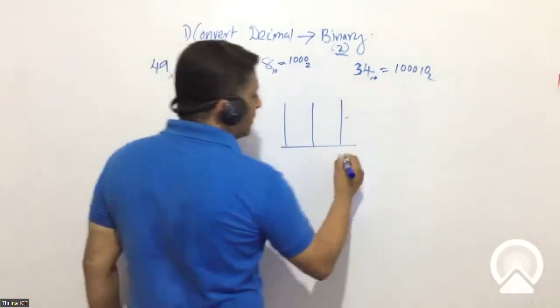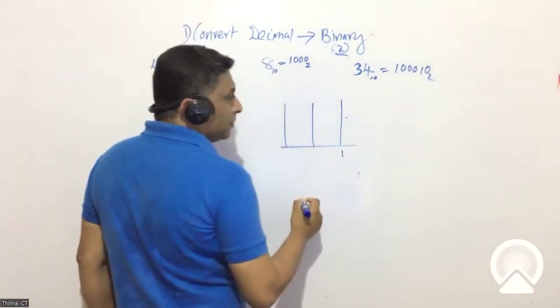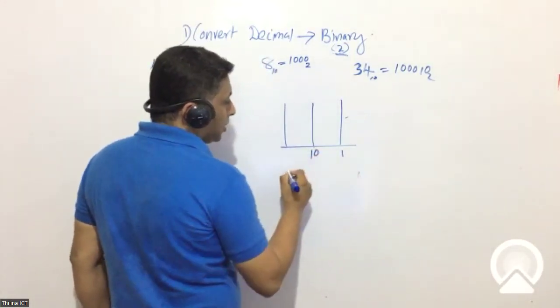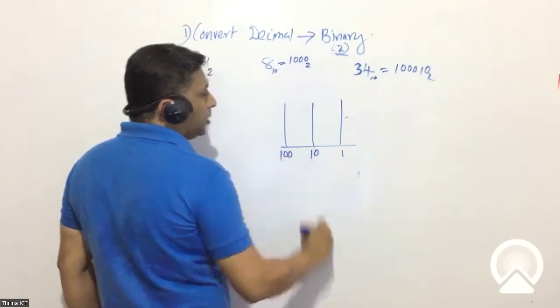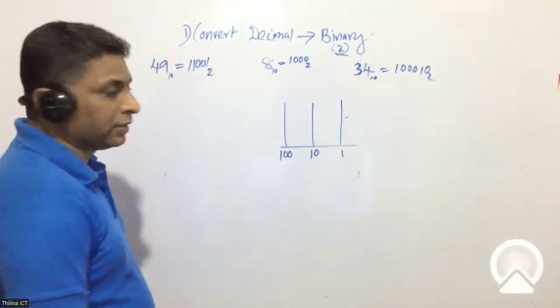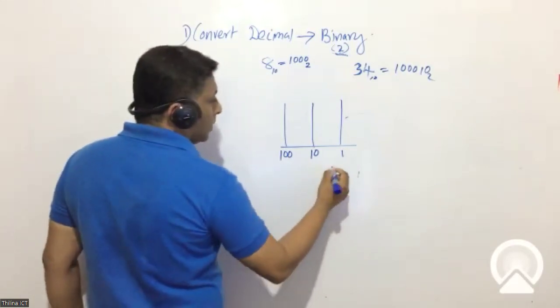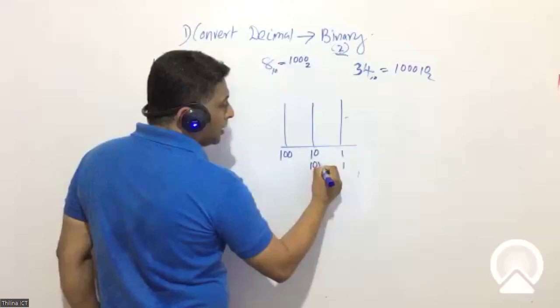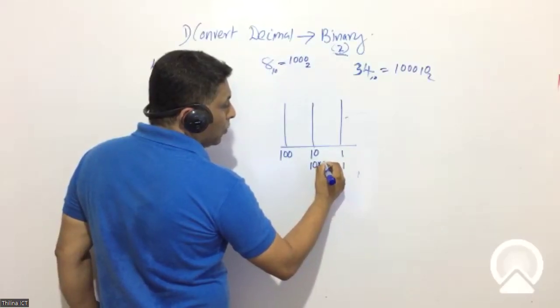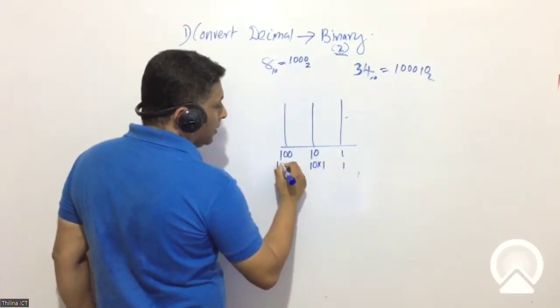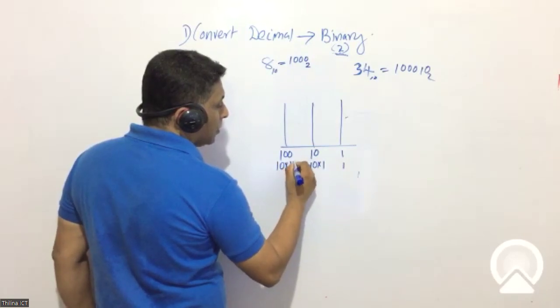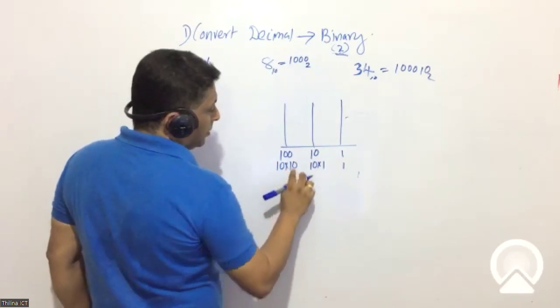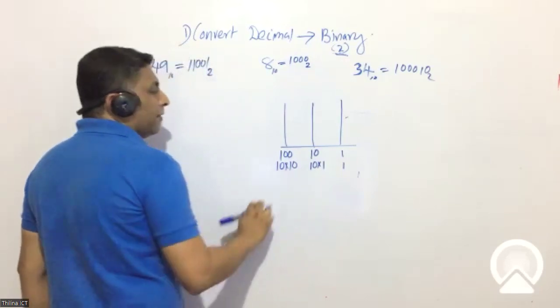So here, ones position, here, tens position, here, hundreds position. So 1, that's anyway 1, right? 10 can represent as 10 into 1. Here, we can represent 10 into 10, right?